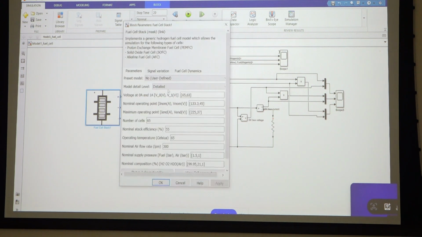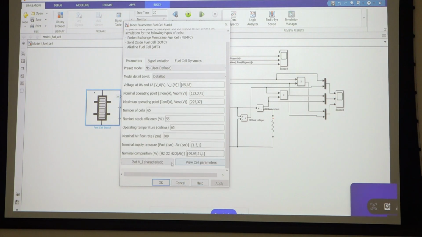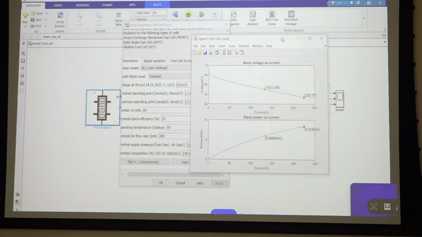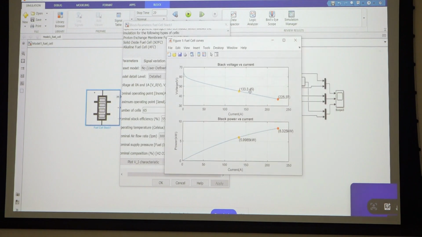After that, you can define these parameter sections here. You see the voltage at open circuit and at 1 ampere, so you can define the voltage at 0 ampere and 1 ampere. If you click here, you get the VI characteristics curve, the upper one, and the lower one is the power characteristics curve.